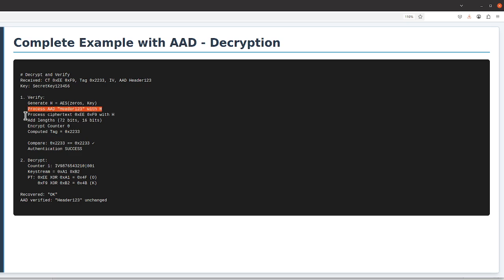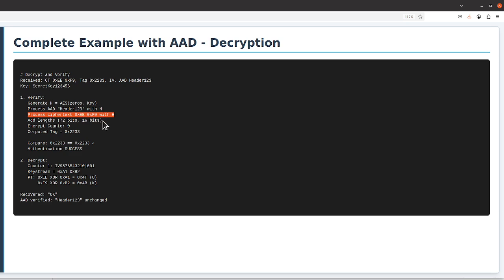Process ciphertext. Pad 0xEE, 0xF9 to 16 bytes. Multiply with H to get 0x55...88. XOR with accumulator. 0x11...44 XOR 0x55...88 equals 0x44...CC.